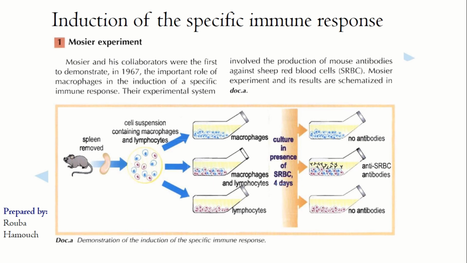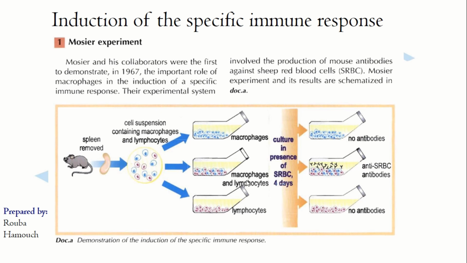This indicates that the simultaneous presence of macrophages and lymphocytes is necessary for the production of antibodies. So what can we conclude? We conclude that there is a cooperation between macrophages and lymphocytes.